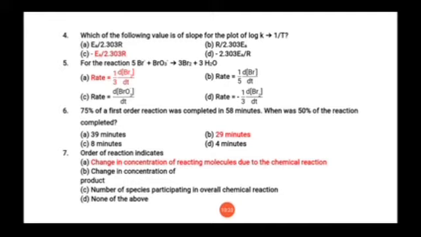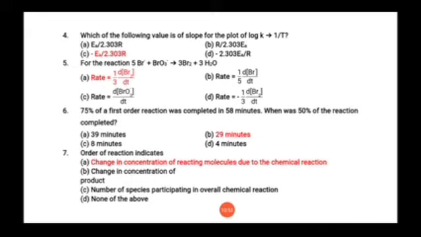Then by this process you will find K, and when 50% of the reaction is completed, it means you have to find the half-life. The equation of half-life is t1/2 equal to 0.693 upon K. After putting the value of K, you will get the answer, that is 29 minutes. I have calculated it in another notebook. You can also calculate this.